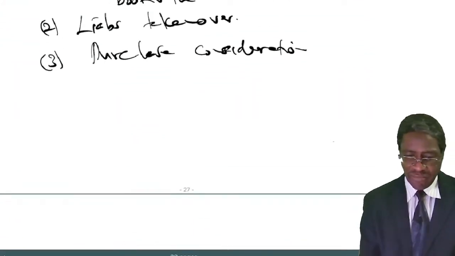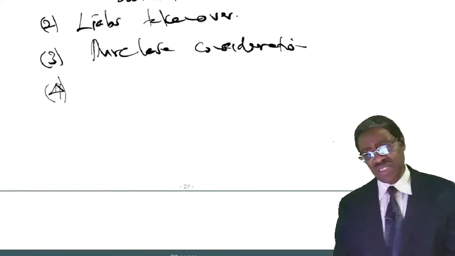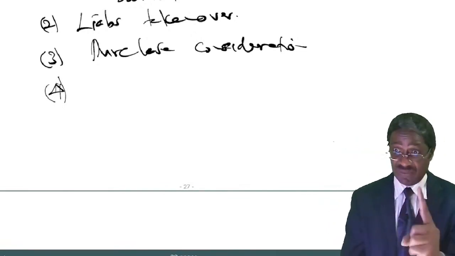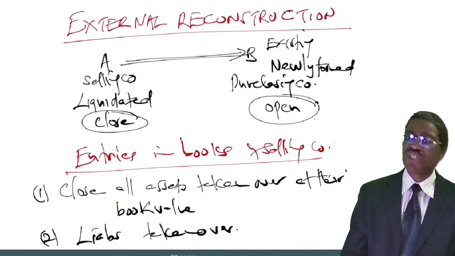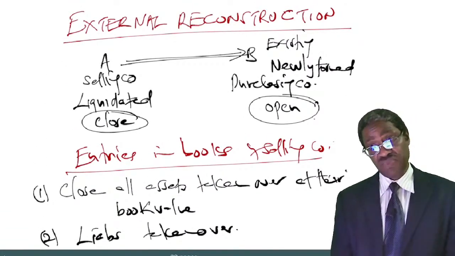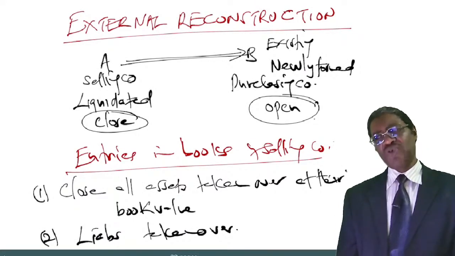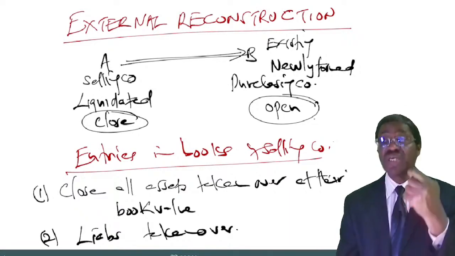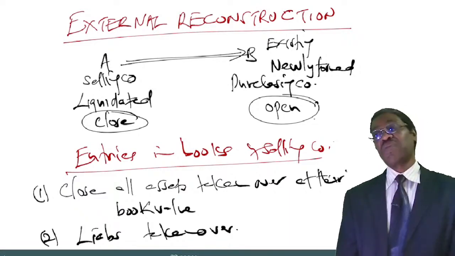That's number 3. Number 4. Listen, we have already said, you as company A, you must liquidate yourself. In the process of liquidating yourself, you may be required to incur some liquidation expenses.